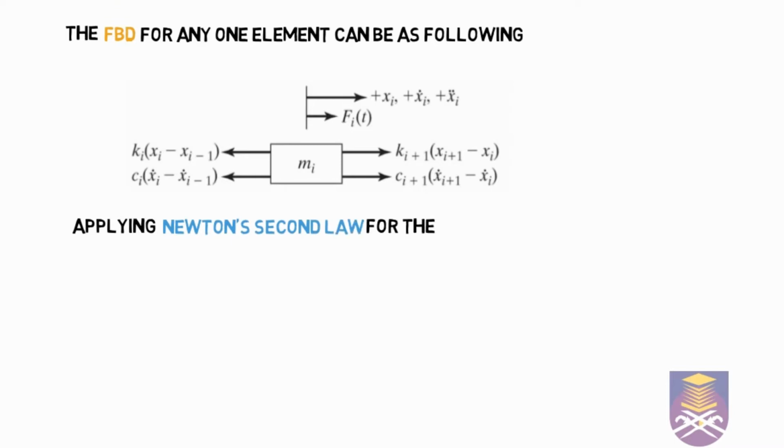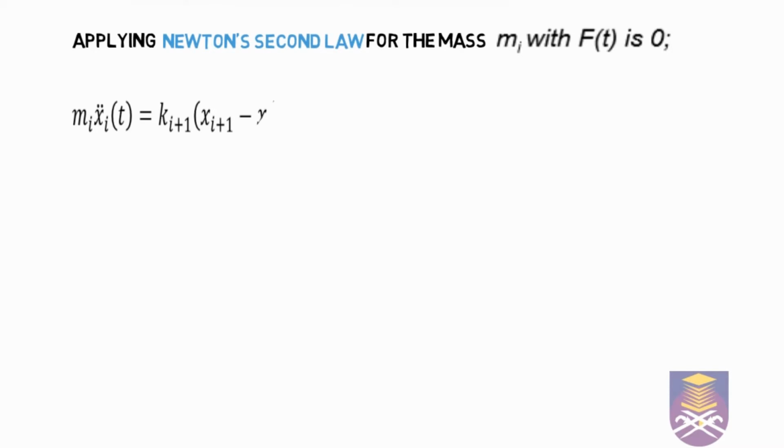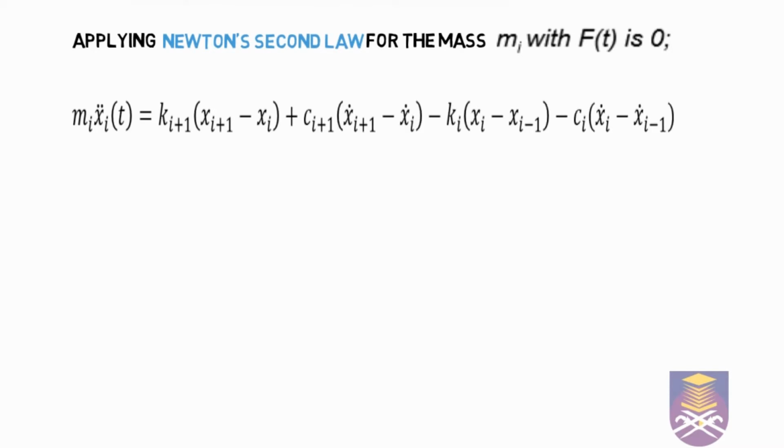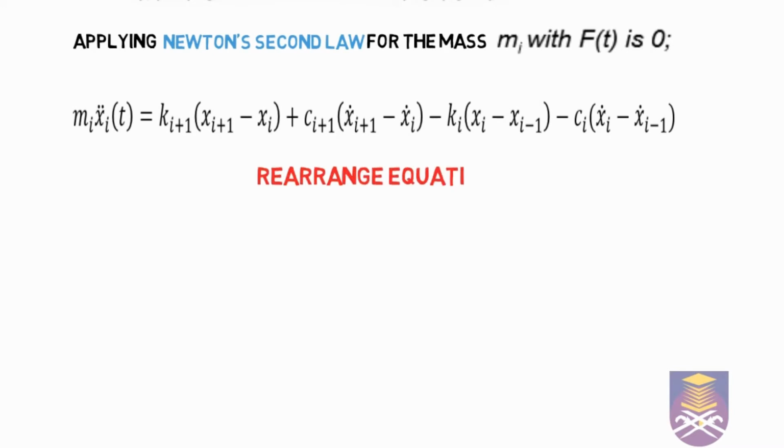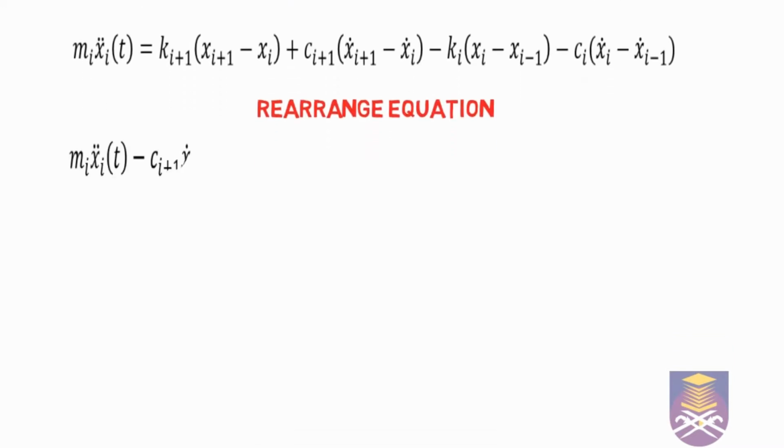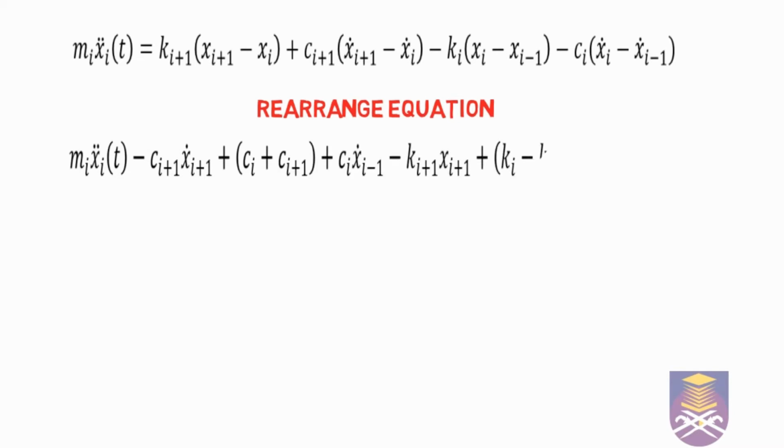By applying Newton's second law for the mass with F(t) is 0, we can arrange the equation and set the equation equal to 0.